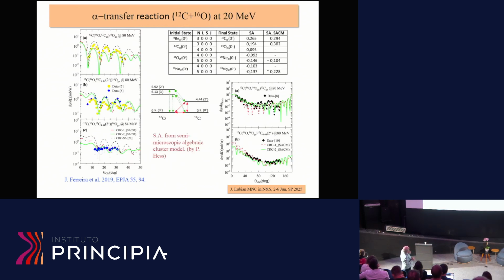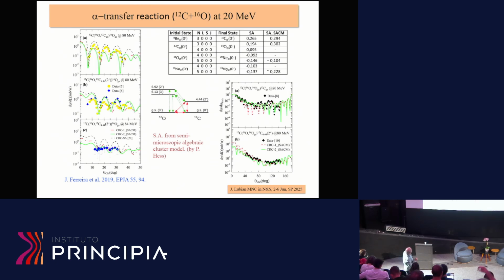Here are the results for the alpha transfer calculation in carbon-12 plus oxygen-16 at 20 MeV. The experimental data are available in the literature, even with some calculations that correspond to this black line. We did calculations considering two different coupling schemes that are shown here. The green corresponds to the full coupling scheme, and the red is only when we include this simplified model space.